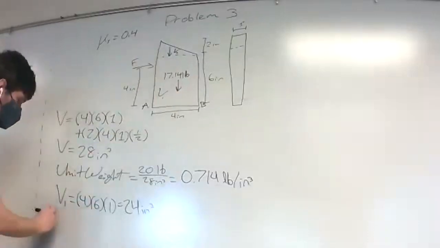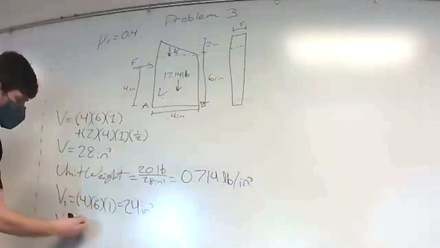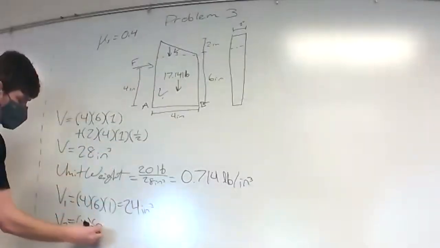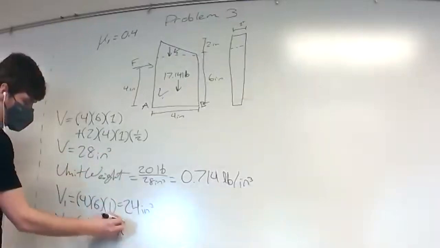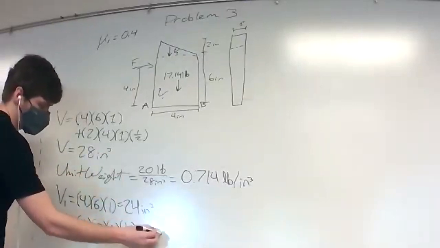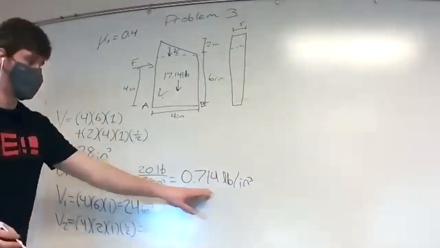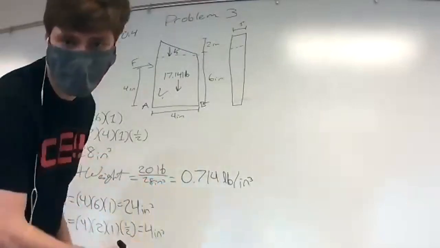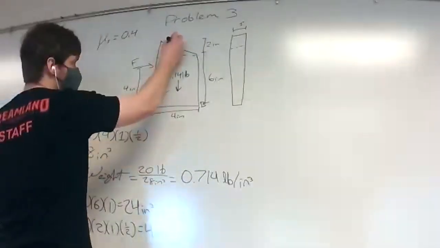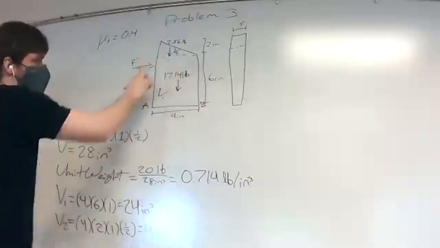The triangular weight is going to be V2, which was 2 times 4 times 1 times 1/2, which is just 4. So this 4 times 0.714 comes out to 2.86, and it's skewed to the high side.